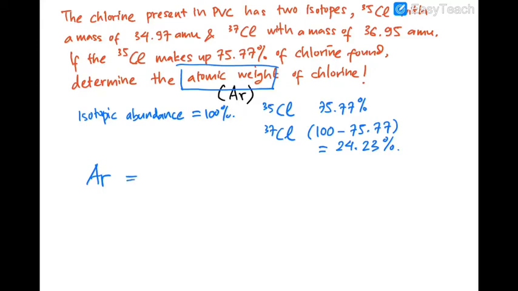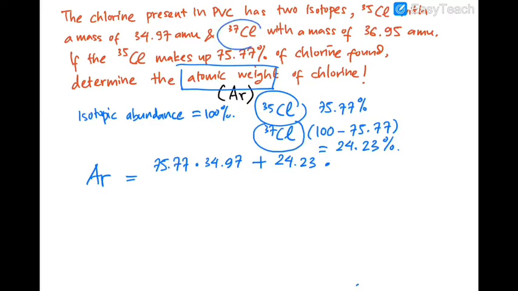So first, you take the isotopic abundance, 75.77, times the weight of 35Cl, which is 34.97 AMU, and then you add this up with 24.23, of course, multiplied by the mass of 37Cl, which is 36.95.